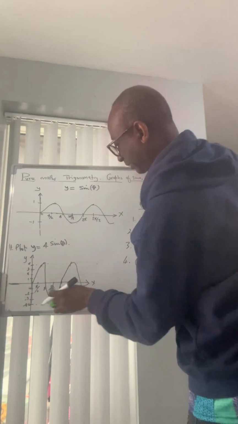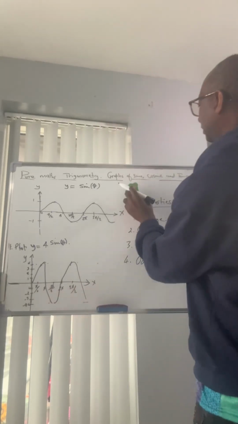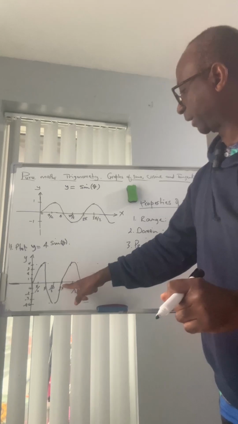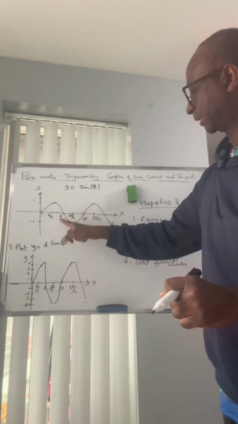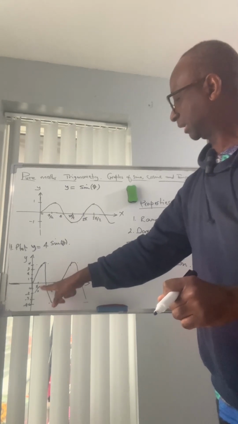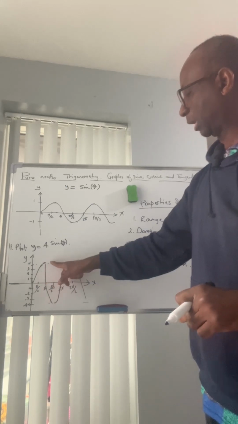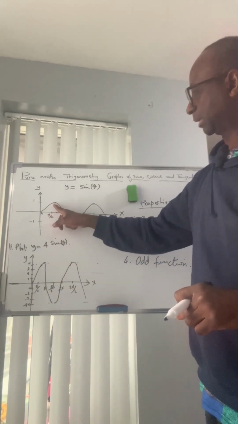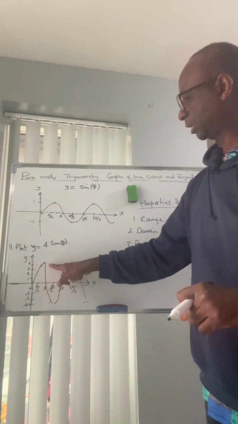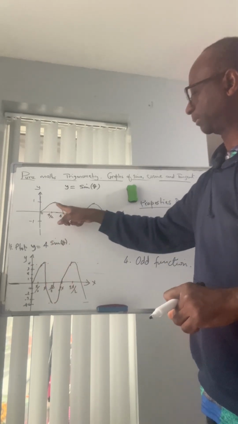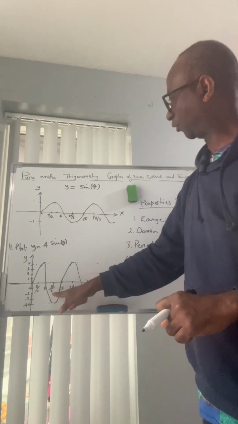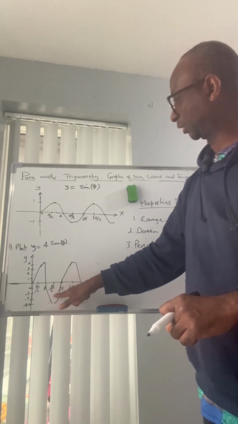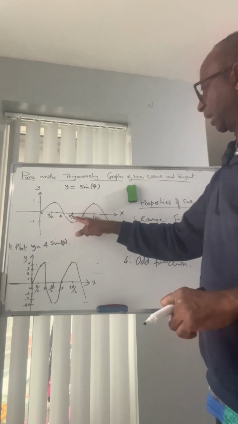But everything else remains the same. It passes through pi. It passes through 2 pi. It has a maximum of +4 at pi over 2, where before it was +1, and a minimum of -4 at 3 pi over 2, where before it was -1.